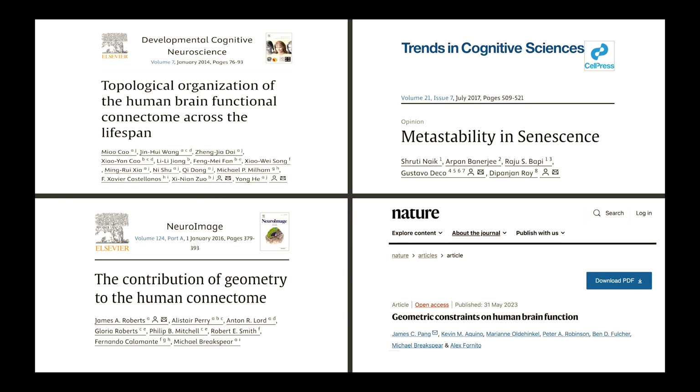The topological organization, like Arpan mentioned about modularity and hierarchy of information processing, must be very critical, and using those ideas one can try to find out how functional connectivity and dynamics change as you become older, and how that differs from younger individuals.